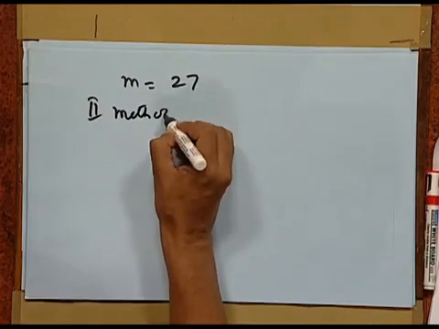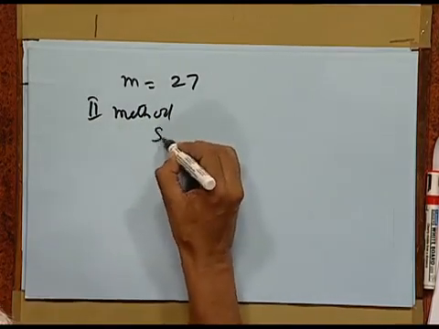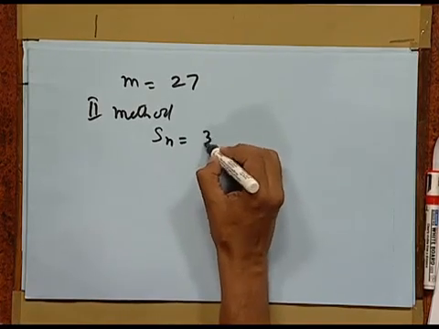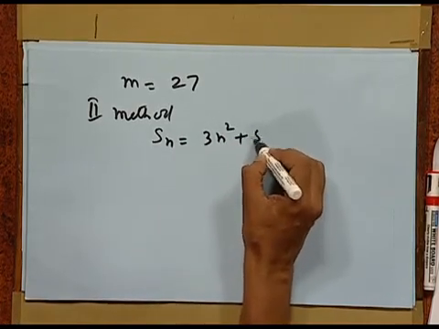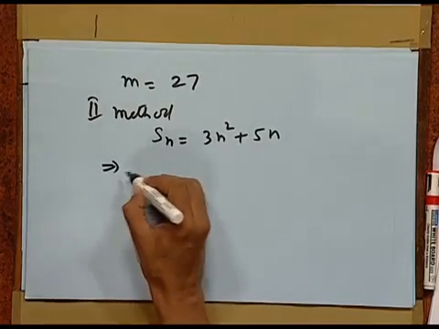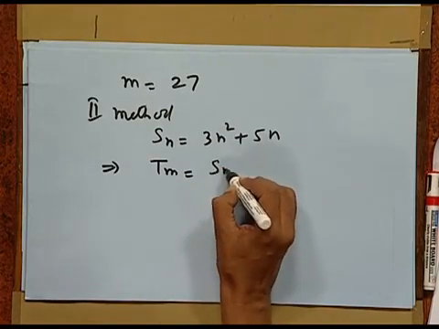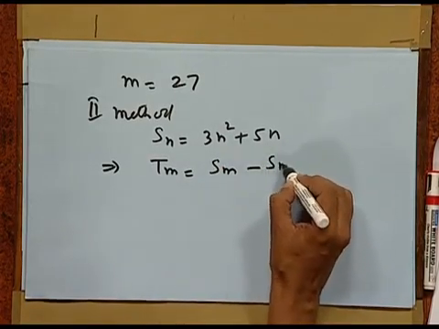Now, the same problem can be done in one more way without finding A and D. We have Sn equal to 3n square plus 5n. This means that Tm is Sm minus S(m minus 1).